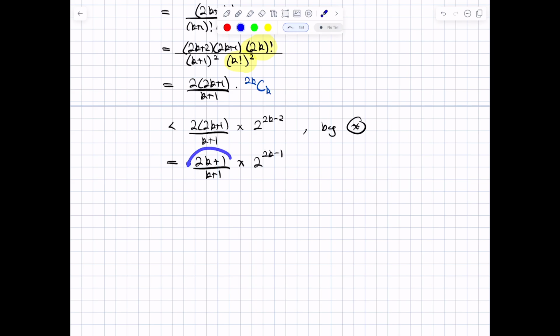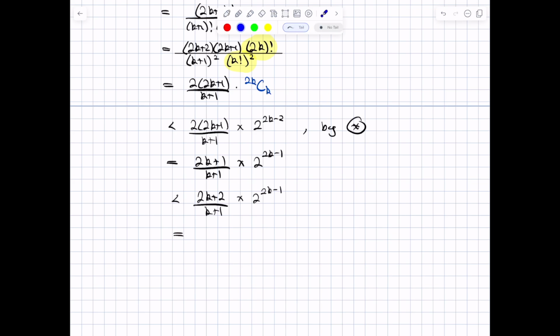And now I'm going to claim that this is smaller than (2k+2) over (k+1). The reason I want to do that is because if this was a 2, I would be able to factor out a 2, and the k+1 would cancel with that k+1. So the claim is that this is less than (2k+2) over (k+1) times 2 to the 2k−1.